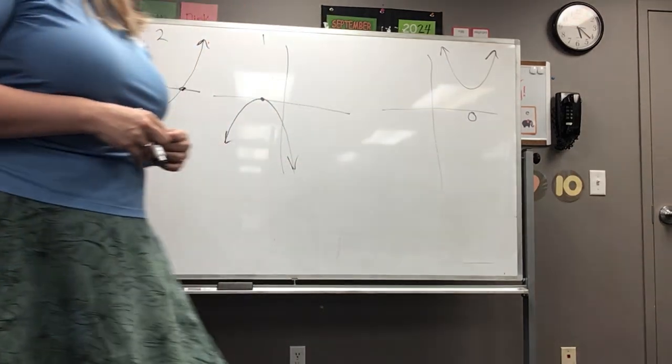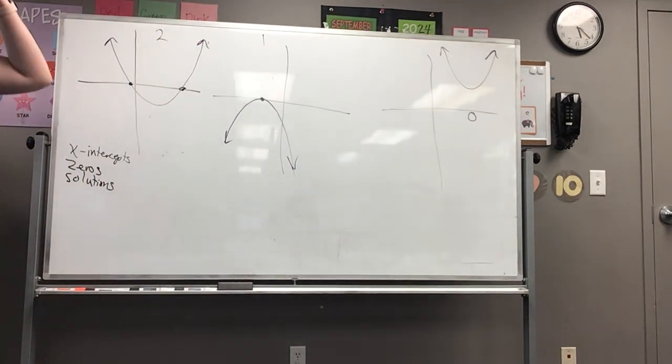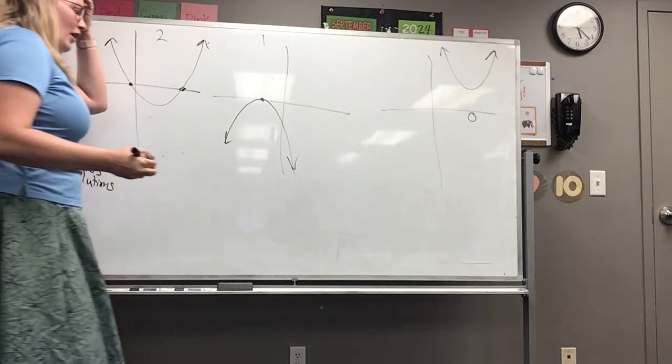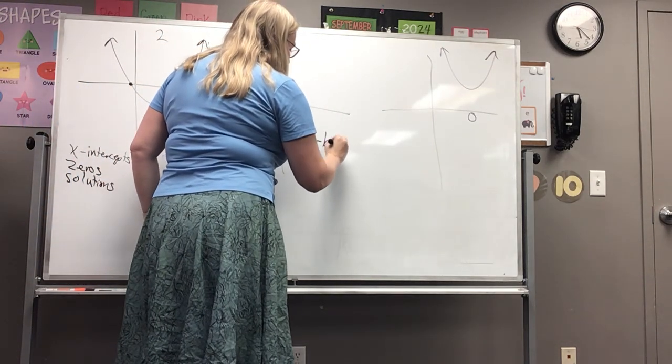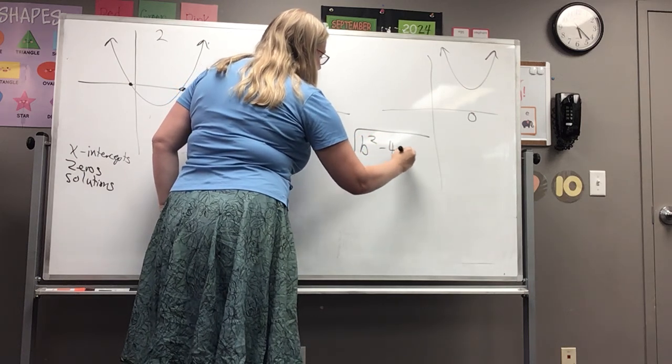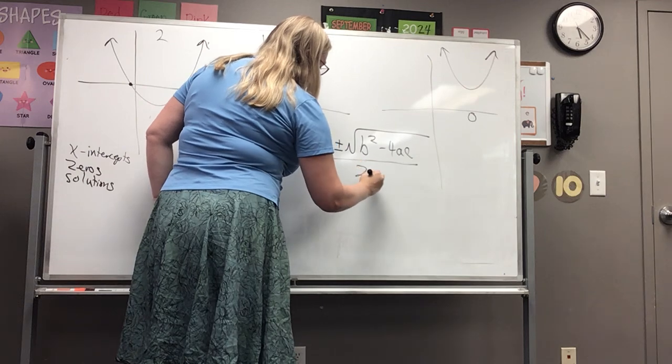So, we talked about factoring already a little bit, and again, I'm not going to hit that one too much. I'm assuming you're good at that. But let's say you're not good at factoring. What is the universal hammer that solves any quadratic? The quadratic formula. So negative b plus or minus square root b squared minus 4ac all over 2a.